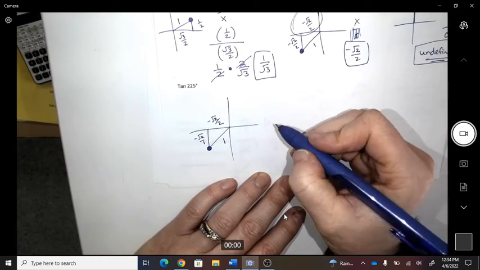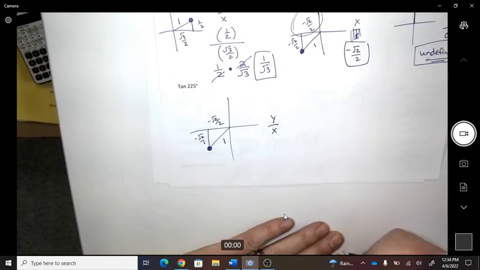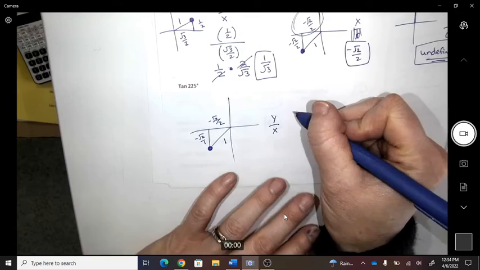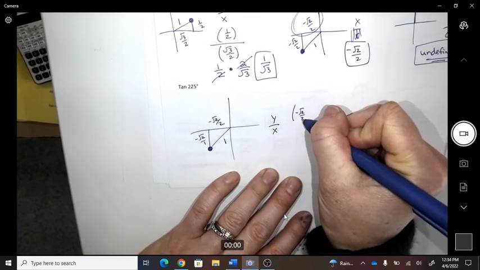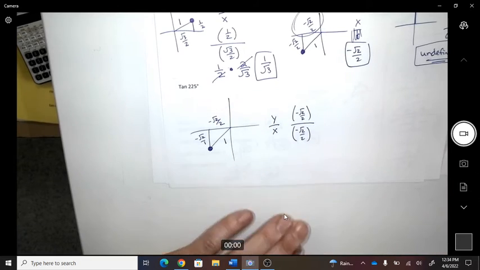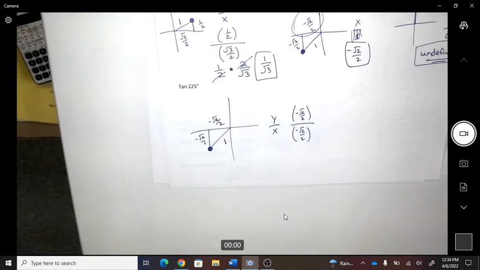Okay, now when we work with tan, we have to do a y value divided by an x value. Okay, so that's what it looks like.